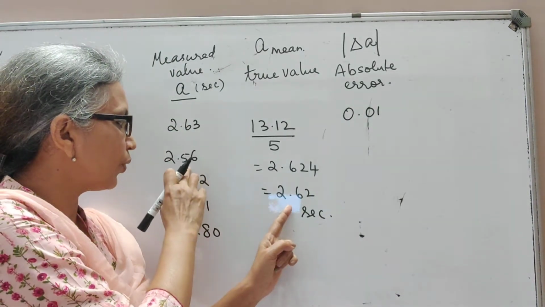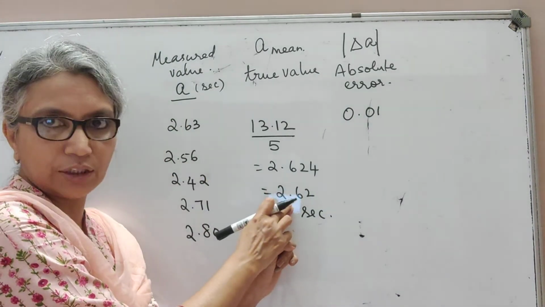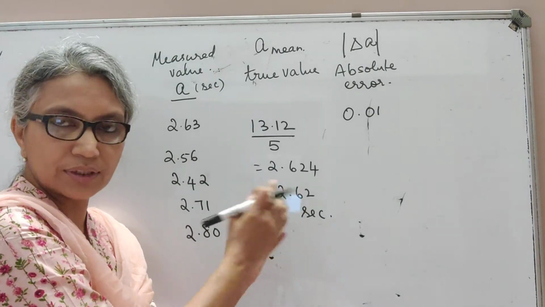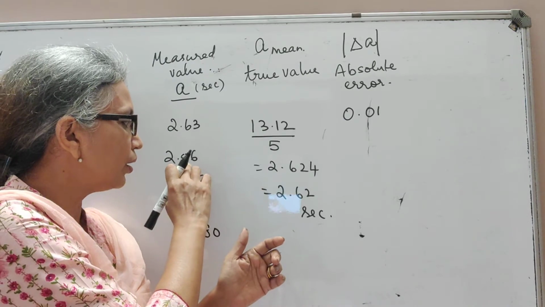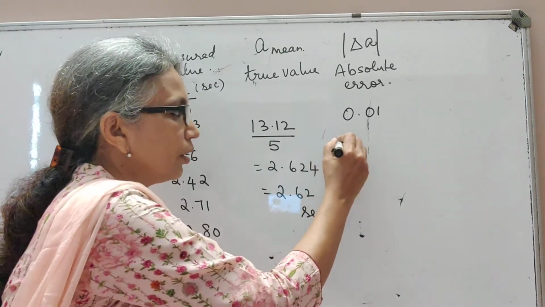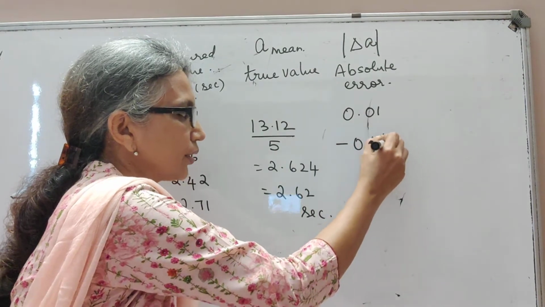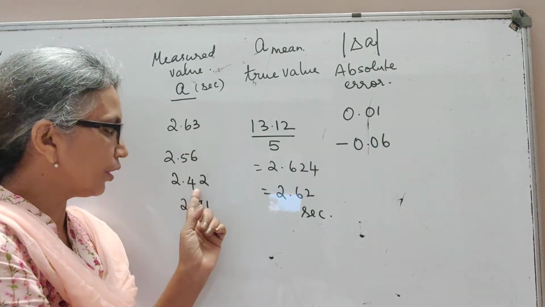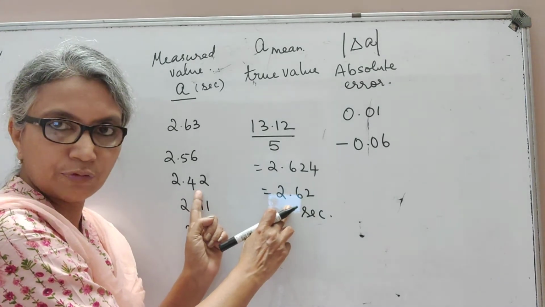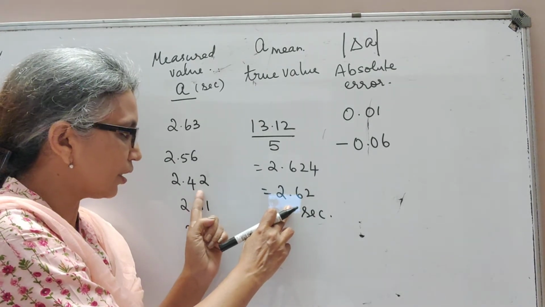Look at the second value, 2.56. It's lesser than the actual value. So if you subtract 2.56 minus 2.62, you will see the difference between the observed value and the true value. And that I found out to be minus 0.06. Next, I'm going to find out. So true value is here. My third measured value is 2.542. Let me see what error has happened here.